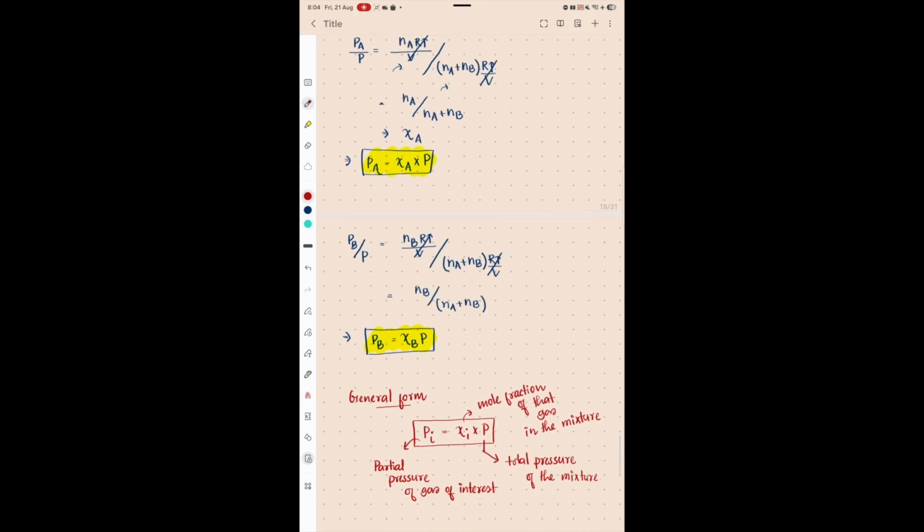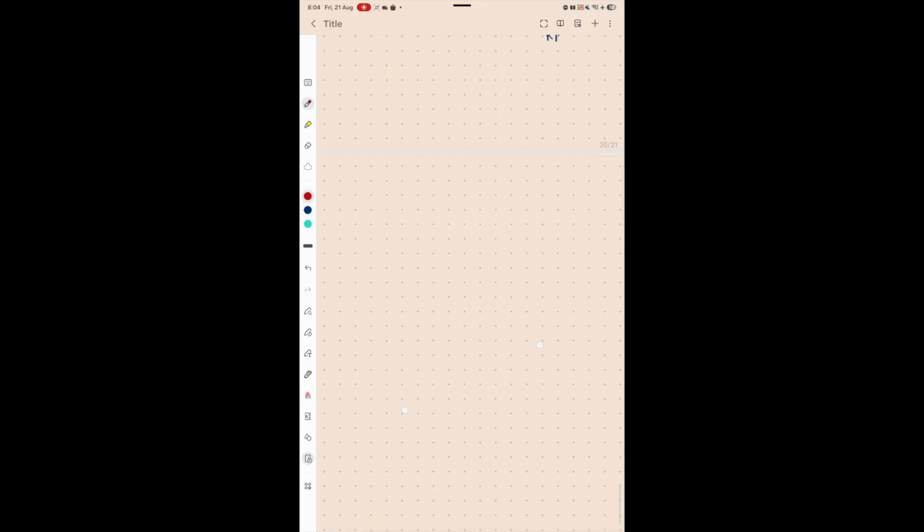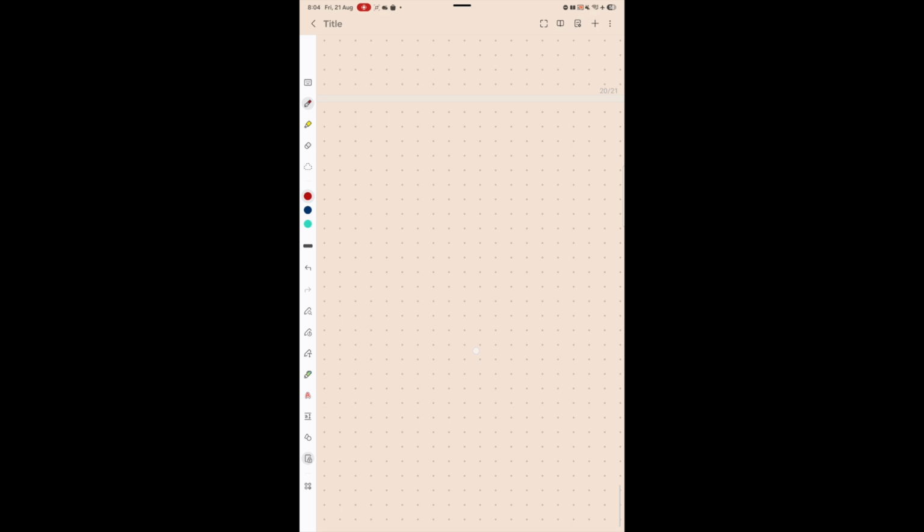So molar mass is also not an additive property, right? So how do we find the molar mass of a mixture? So molar mass of a gas mixture. Molar mass of a gas mixture.